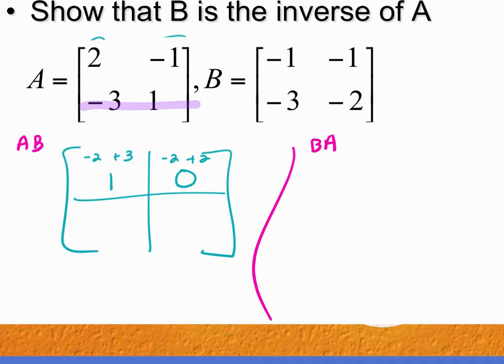Row 2 and column 1 first. Negative 3 times negative 1 plus 1 times negative 3. 3 minus 3, which is 0. And then row 2, column 2, negative 3 times negative 1 plus 1 times negative 2. 3 minus 2, which is 1. So again, here your work is your answer. You are showing that that's an inverse, which means it would have to be in the 1, 0, 0, 1 pattern.